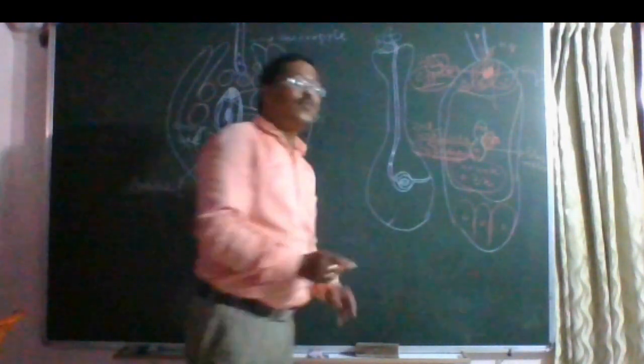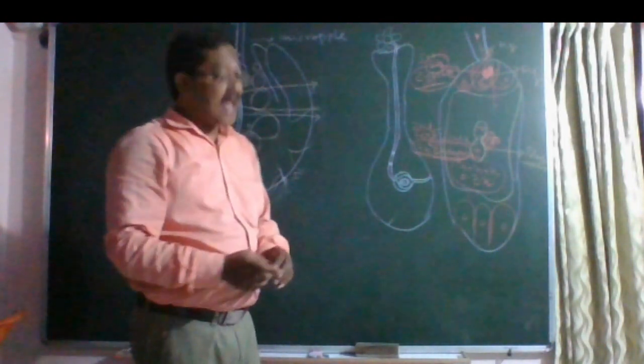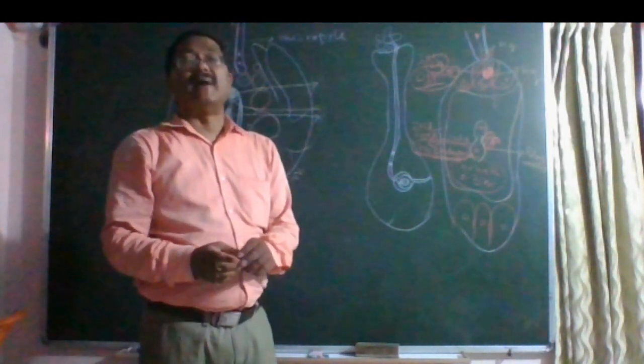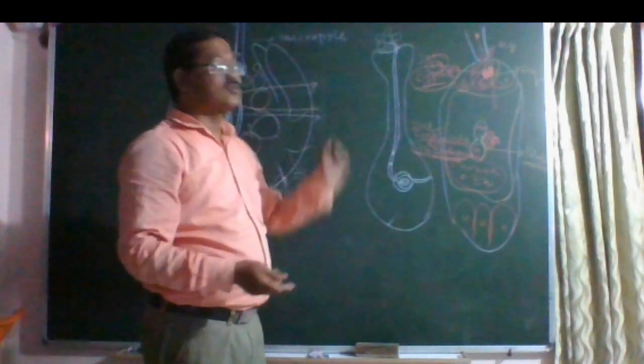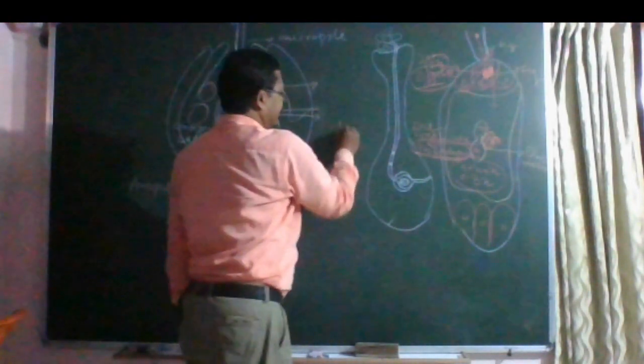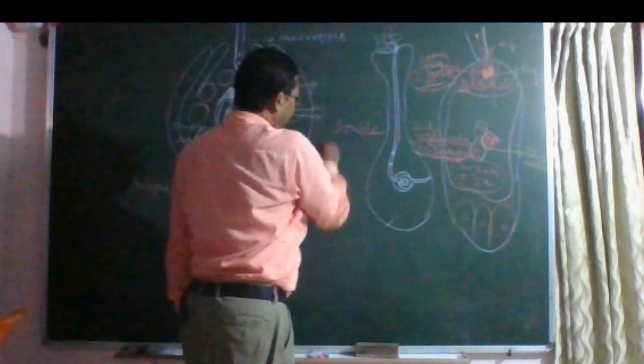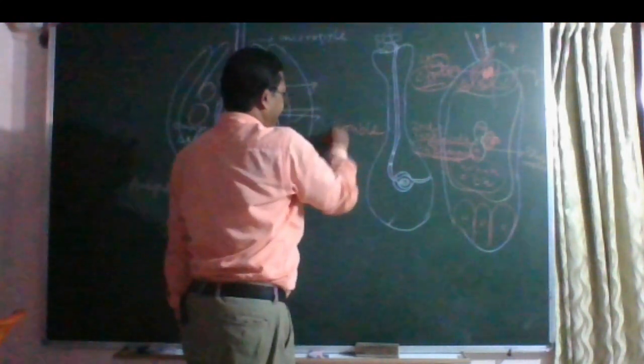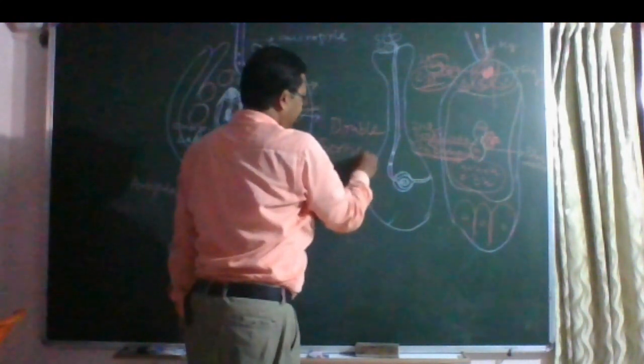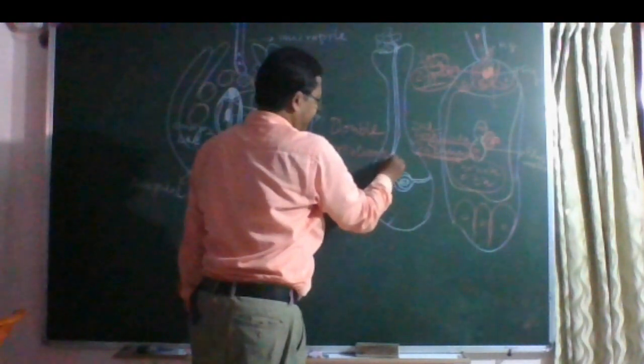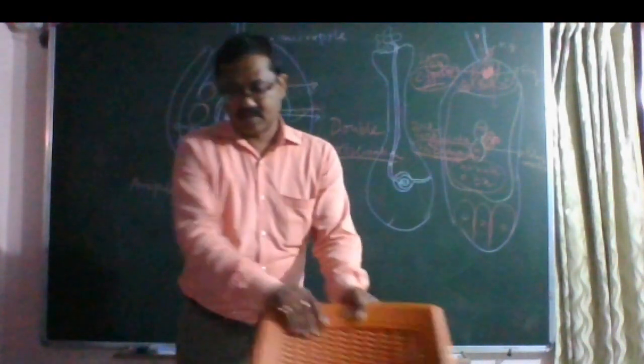As two fertilizations occur in the angiospermic female reproductive structure, this is called double fertilization. This is the main concept about the sexual reproduction of flowering plants.